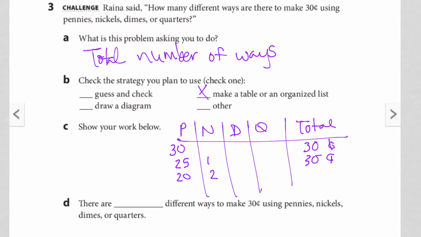After I run out of the pennies and nickels, then I'm going to say, oh, now I could do pennies with dimes or pennies with quarters. So if I did 1 dime, that would still give me 20 and give me my total again of 30 cents. Maybe I end up with then 2 nickels and 10, and then obviously 3 and 0. And I would really focus on just pennies with each of them individually, and then from there you could start doing your combinations of nickels and dimes or nickels and quarters, and kind of work from there.